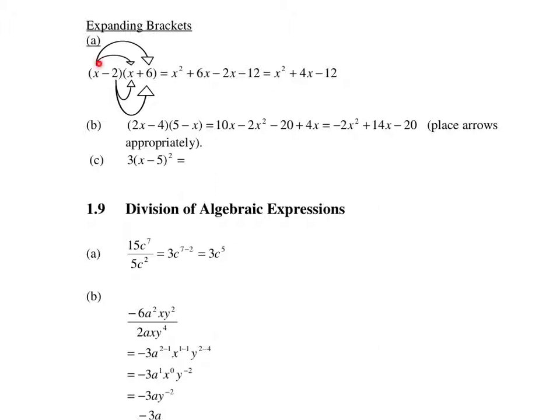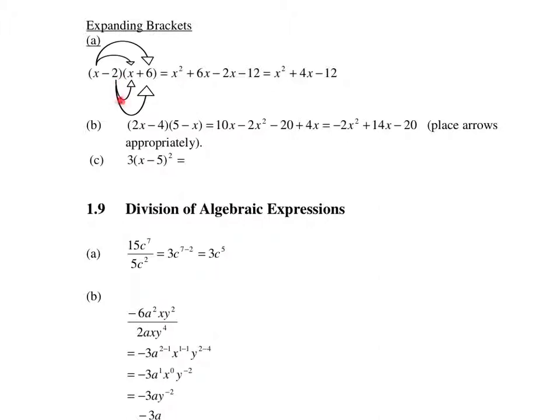So normally we begin with the first term inside the first bracket, x, times the first term inside the second bracket, x times x is x squared. Then x times 6 is plus 6x. Negative 2 times x is negative 2x.